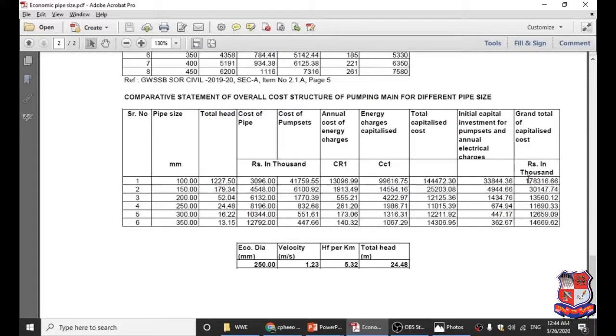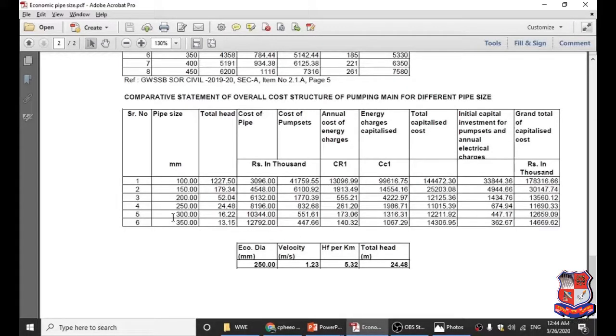So for 100 diameter pipe to 350 diameter pipe, the grand total of capitalized cost is changing. For 100 it is higher, then it is decreasing, and for 250 it is less, and then it is increasing, right?